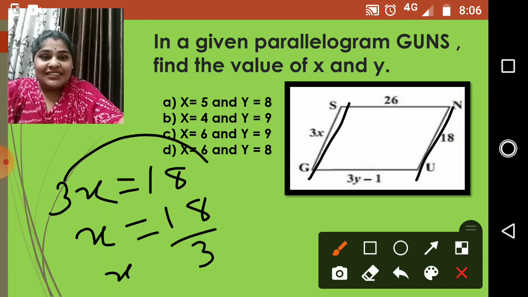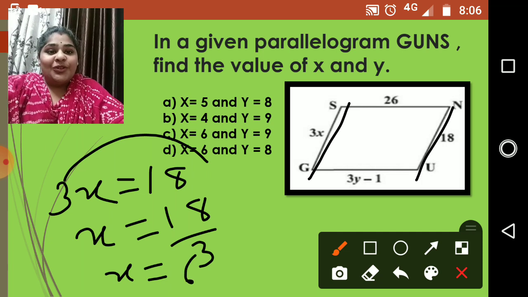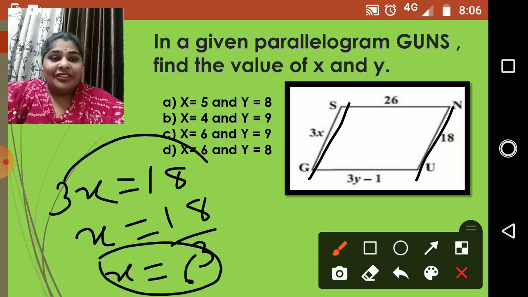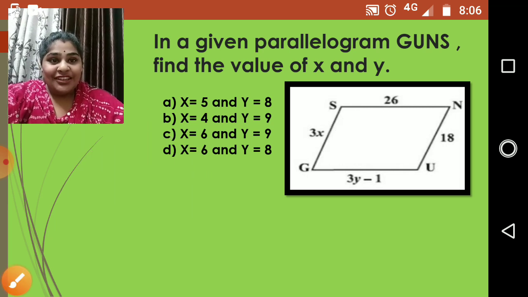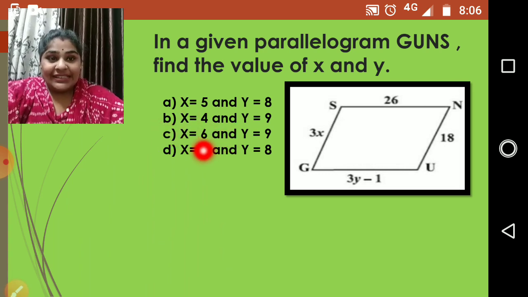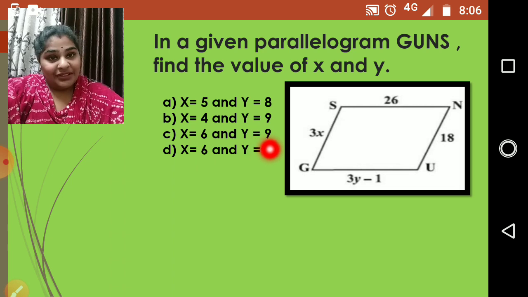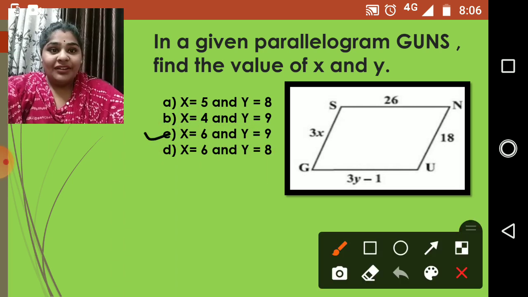That is x is equal to 6. Right? So we got both the values, that is x is equal to 6 and y is equal to 9. So let us see where is the option. I can see option number C, that is x is equal to 6 and y is equal to 9. So you will select option number C.